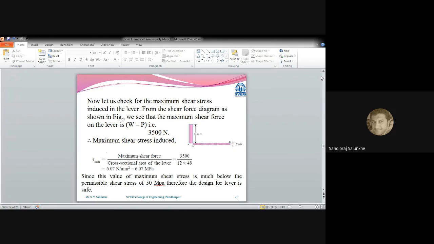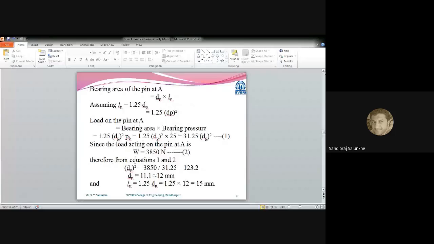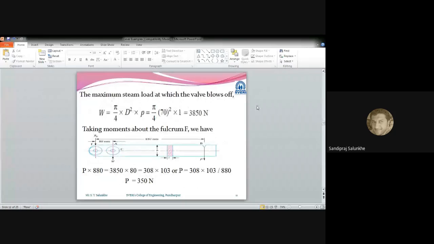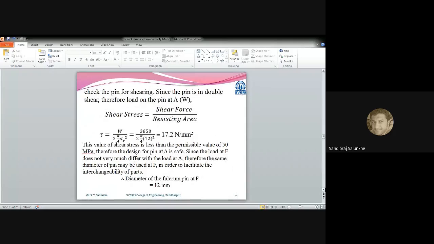Now we are going to check whether this lever will undergo shear at the fulcrum, at that point C. Let us assume it gets sheared there, and we will calculate the shear stress value at that point.